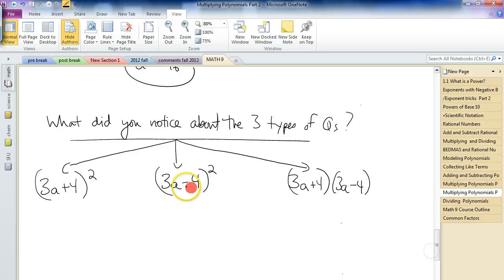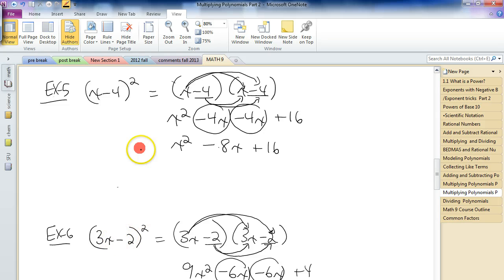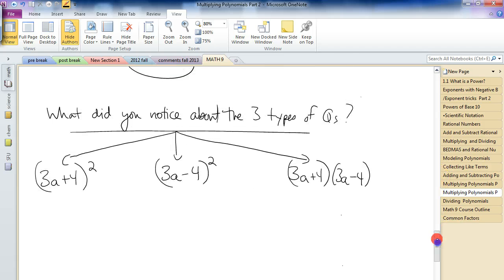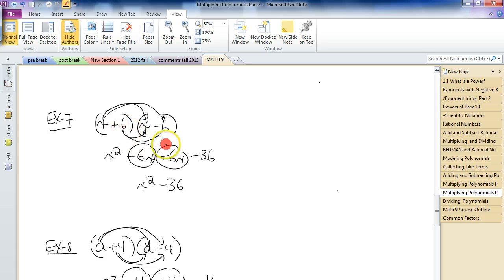Compare that to when you have two negative binomials multiplying each other, like there and there. And what about when you have a positive and a negative, a mix? What do you notice about them? Like here and here. What do you notice?